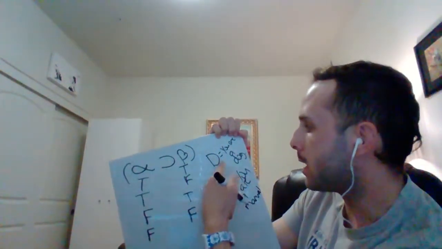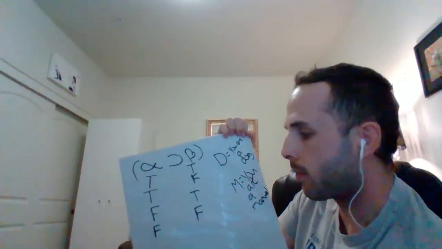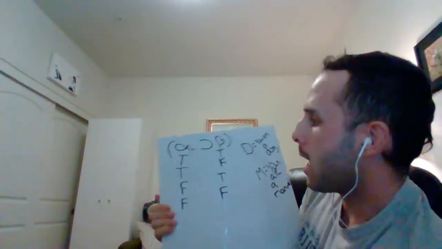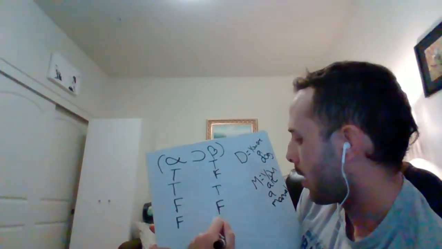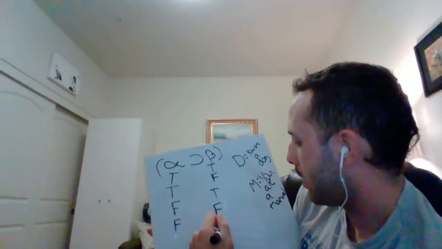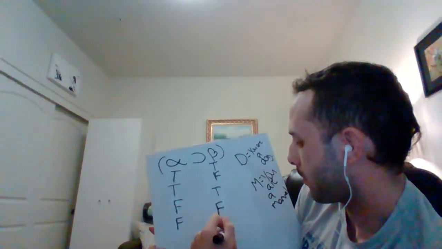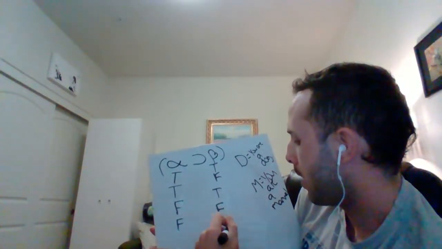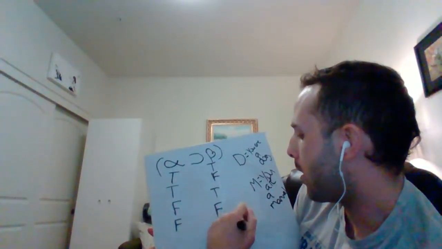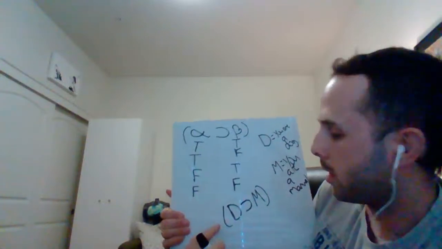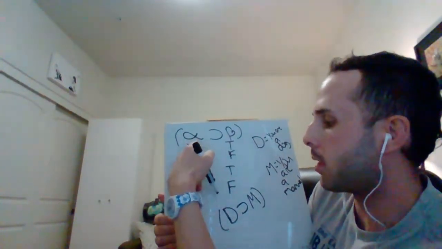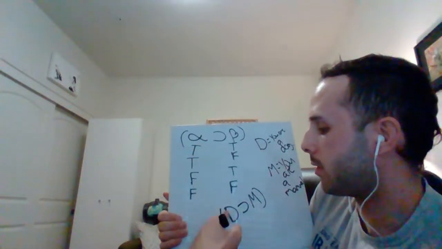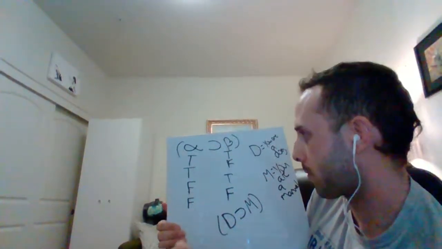D stands for you are a dog, M stands for you are a mammal. And let's say I have if D then M, and I'm going to do the truth table for this. We're just going to plug it in up here. So let's pretend the whiffs also stand for it: alpha stands for D, beta stands for M.